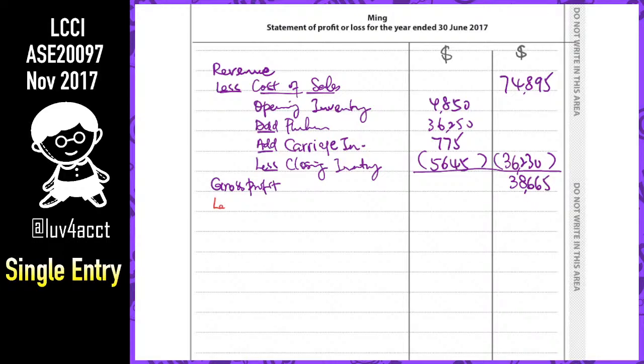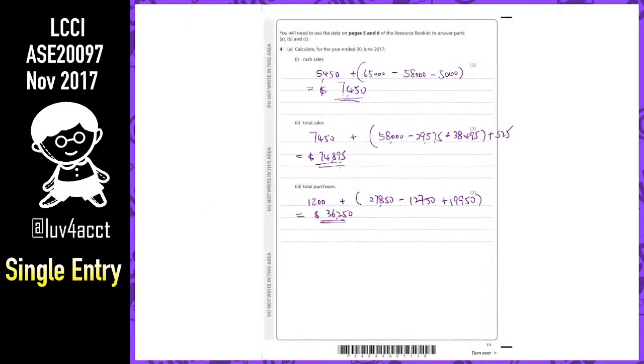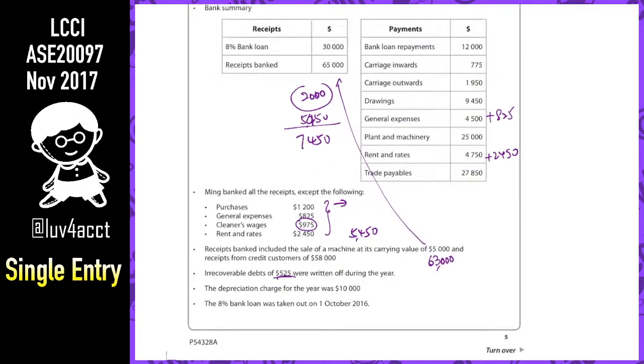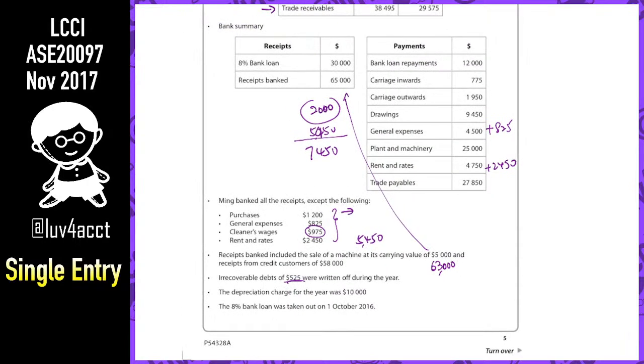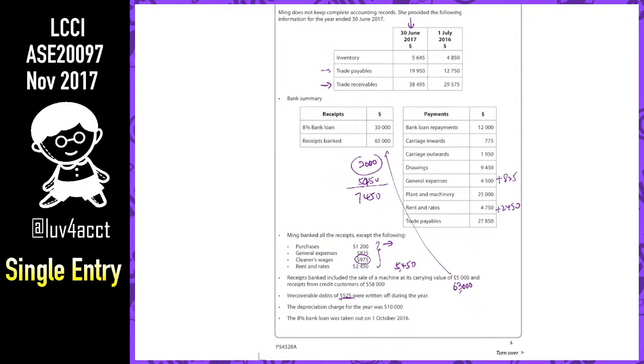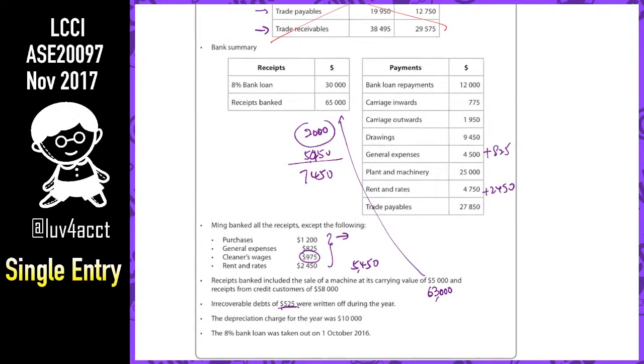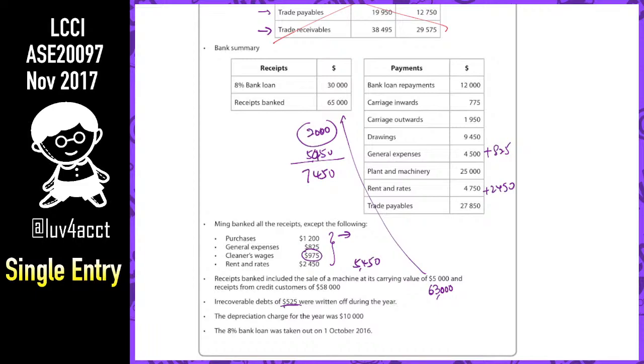Then let us go to the expenses. There is no other income. For expenses, let me use red to circle it. These things are done. Loan repayment is not. The bank loan was taken out on the 1st of October 2016.